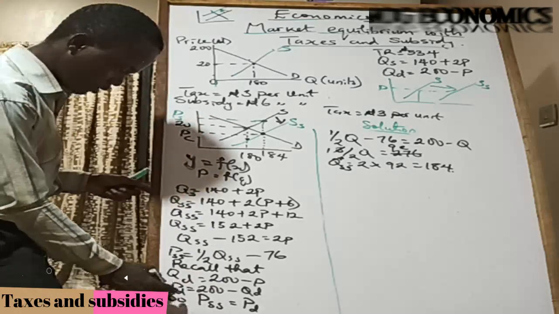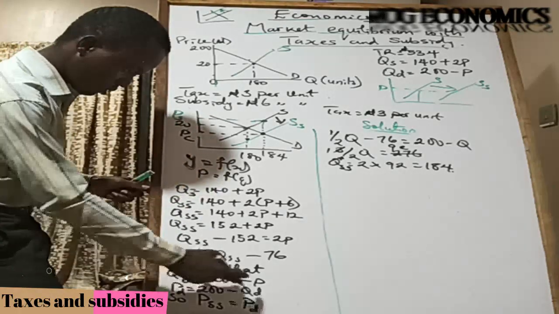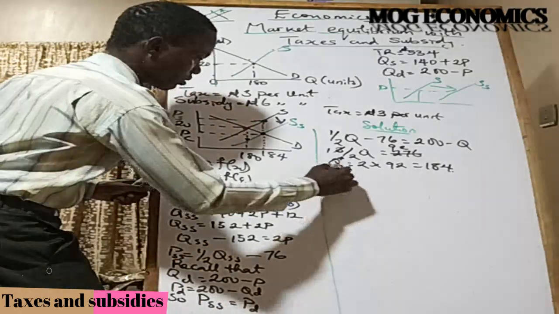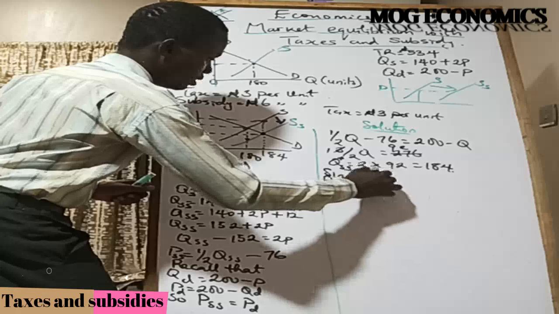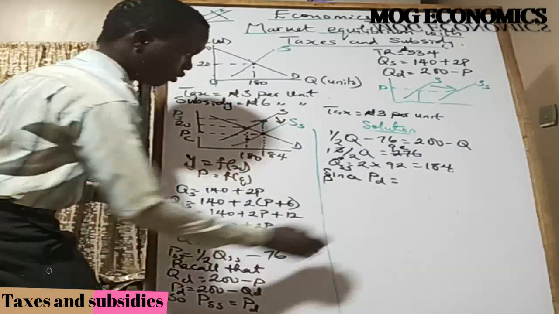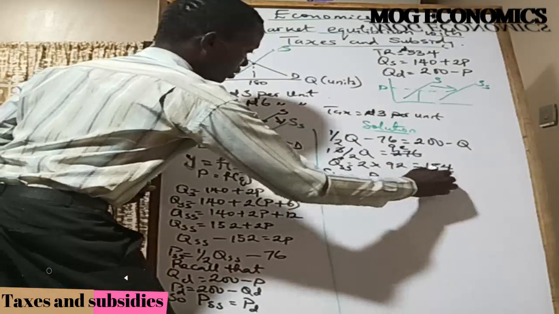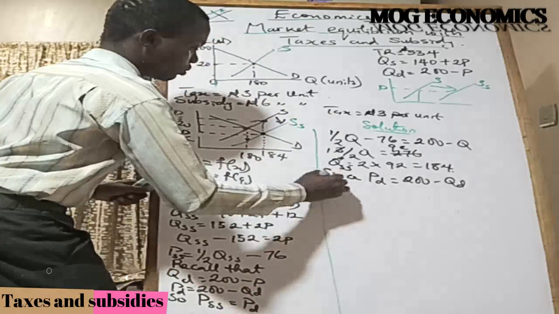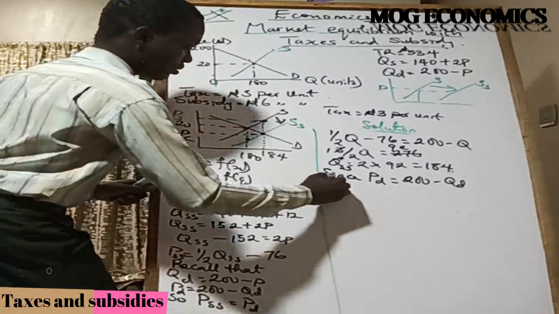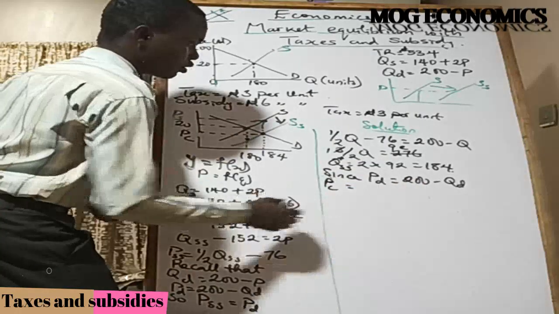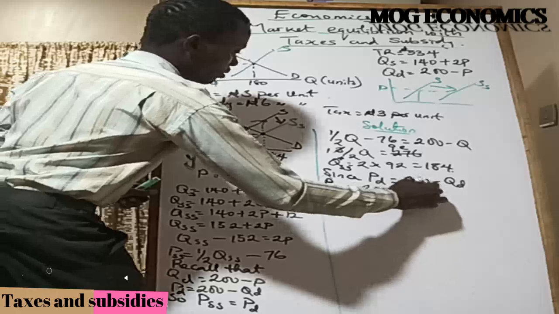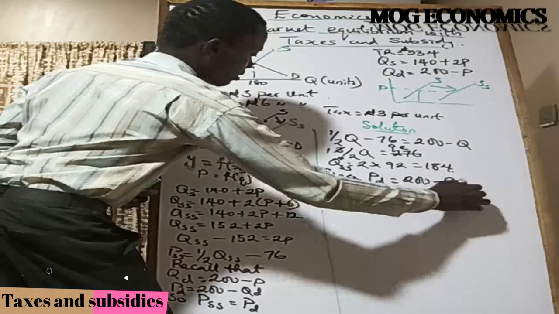So PD equals 200 minus QD. So our price after this is going to be 200 minus 184, and that will be 16 naira.